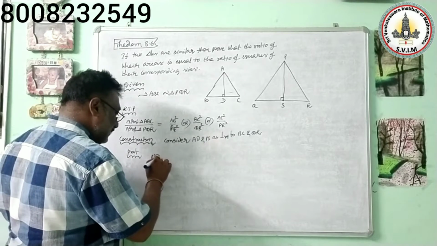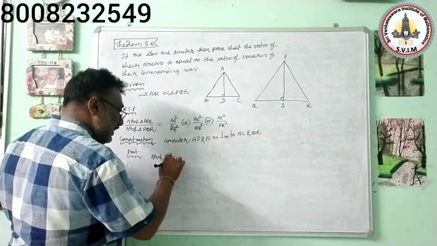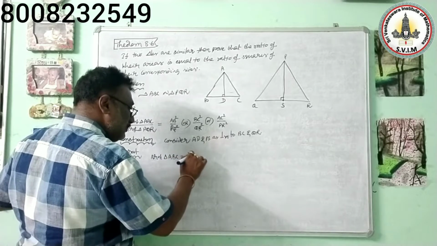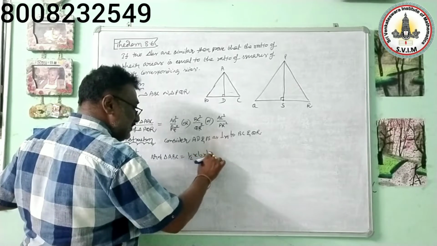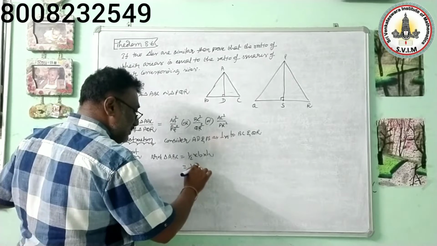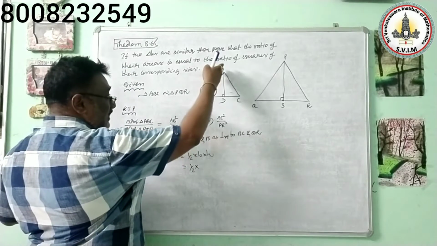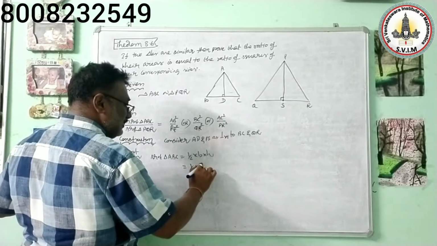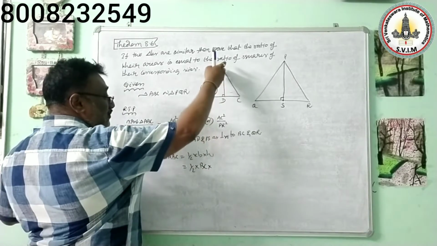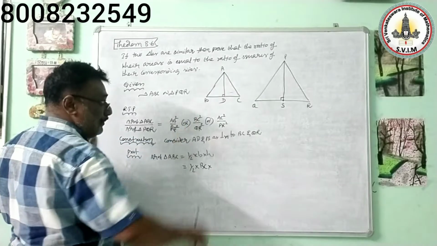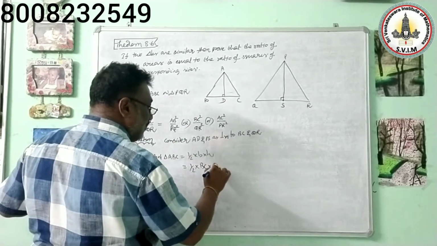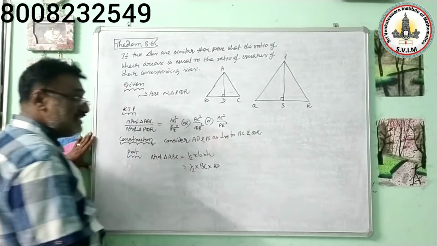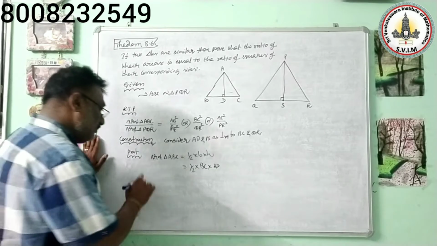Here area of triangle ABC is equal to half into base into height. That means half into BC, since we are taking the perpendicular to the side BC, so BC is the base, into the height, which is the perpendicular from this vertex. That's all.